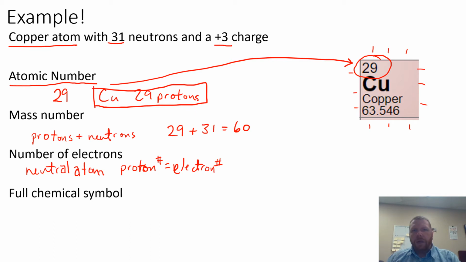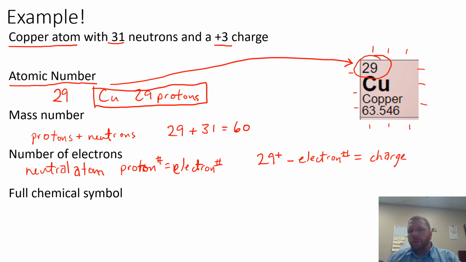This atom has a charge of +3. So what does that mean? Well, protons, 29 positive charges. We know that much. Now, how are we going to figure out our number of electrons? Well, you can take the proton number and subtract from it the electron number, and then get your charge.